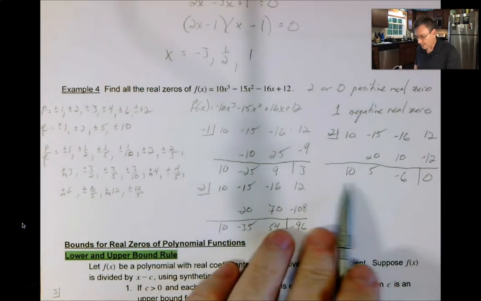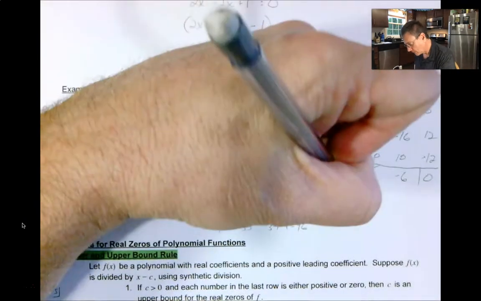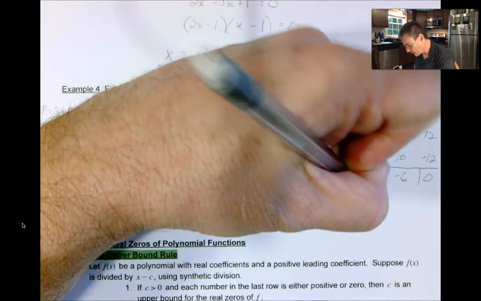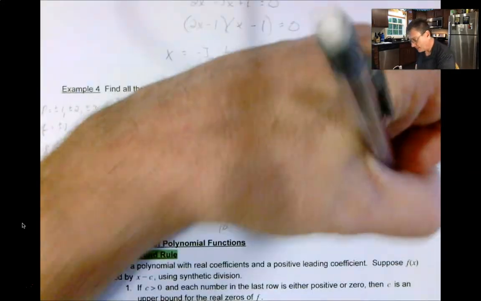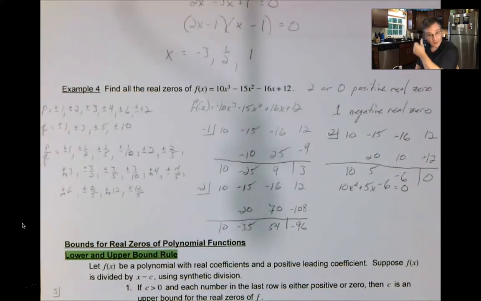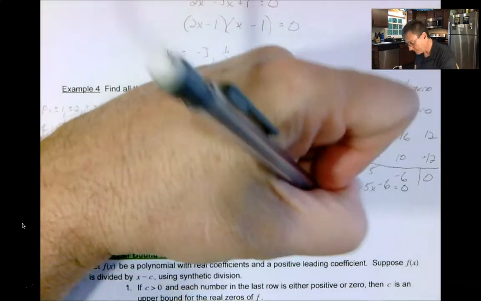So it's now quadratic. 10x squared plus 5x minus 6 equals 0. Now, I'm going to tell you right now it doesn't factor, so we're going to go to the quadratic formula.